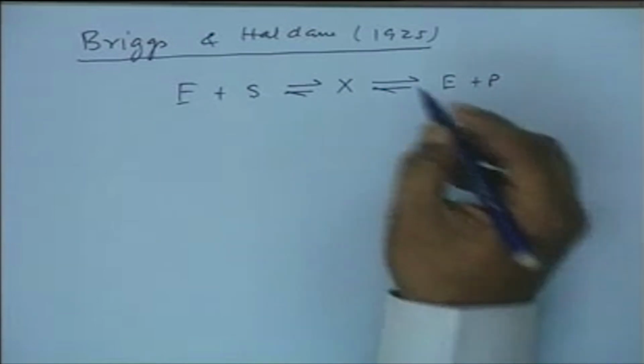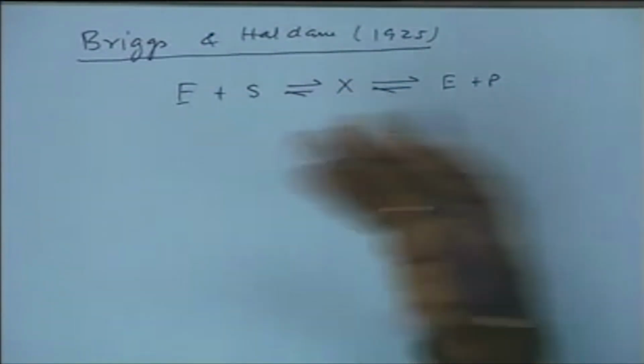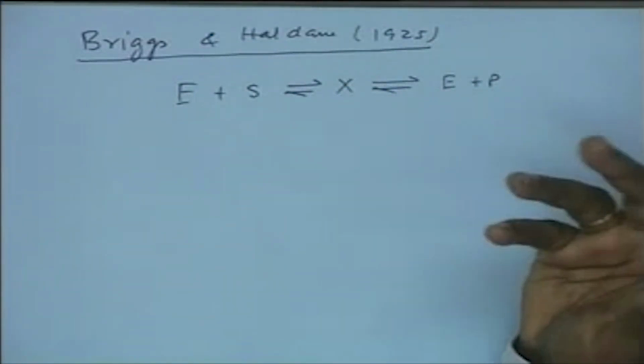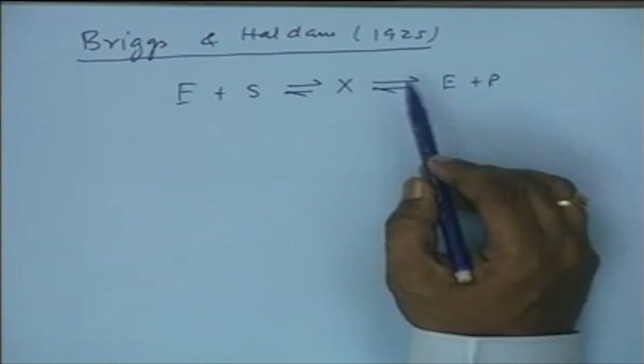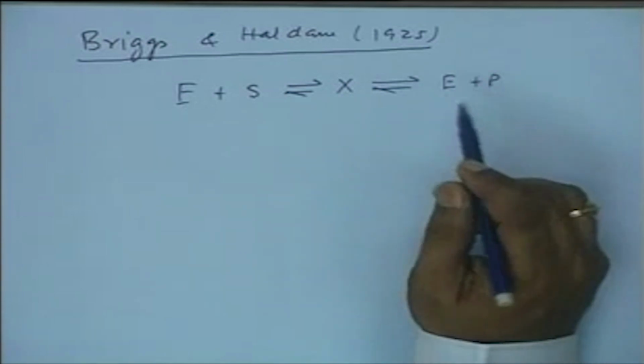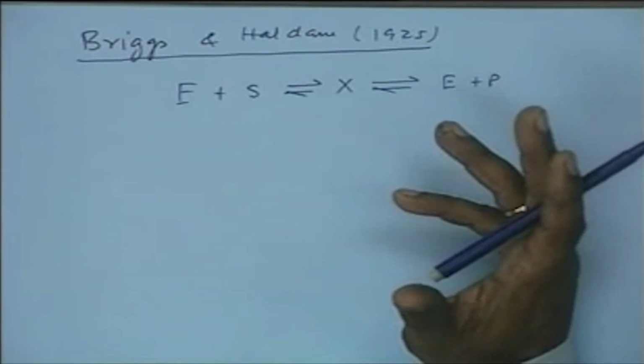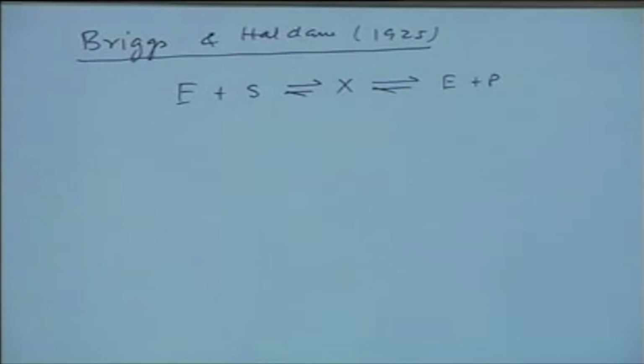Instead of equilibrium behavior, they proposed a steady state behavior in the rate terms. Again they assume the same thing, E plus S going to the enzyme substrate complex, which I will just write as X, and goes to E plus P. Now, they also expanded the hypothesis. Instead of the enzyme substrate complex breaking down through an irreversible step, many reactions are known to be reversible, as I have stated earlier.